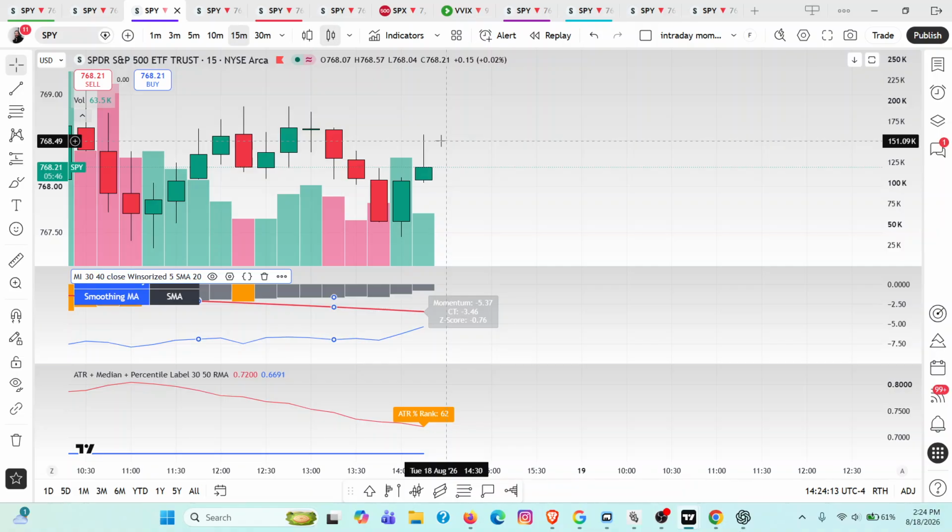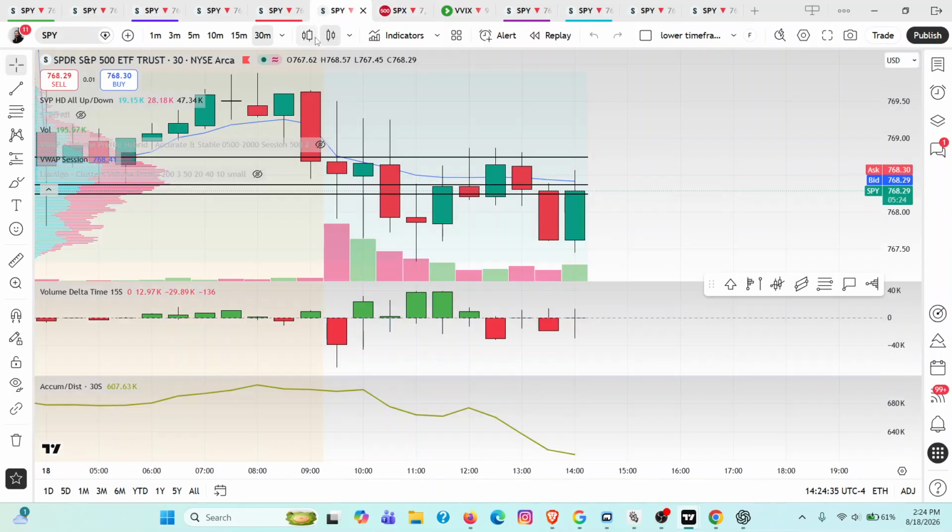I'm using a z-score, and it looks like we're at minus 0.05. So again, I would start looking for a long if we flipped above that value area and the momentum was positive, right? Let's go to the next chart here.